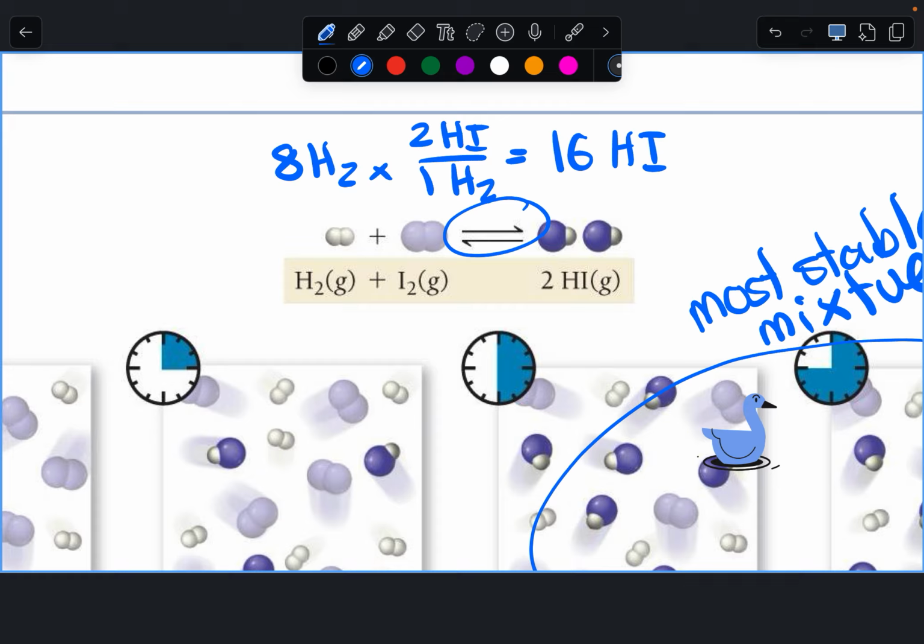That's where the term dynamic equilibrium comes from. It means the reaction doesn't just stay still, because that doesn't make sense with how molecules move around. Both the forward reaction and the reverse reaction are happening at the same rate. So the amounts don't change, but things are still reacting, just in a way that the amounts stay the same, forwards and backwards.